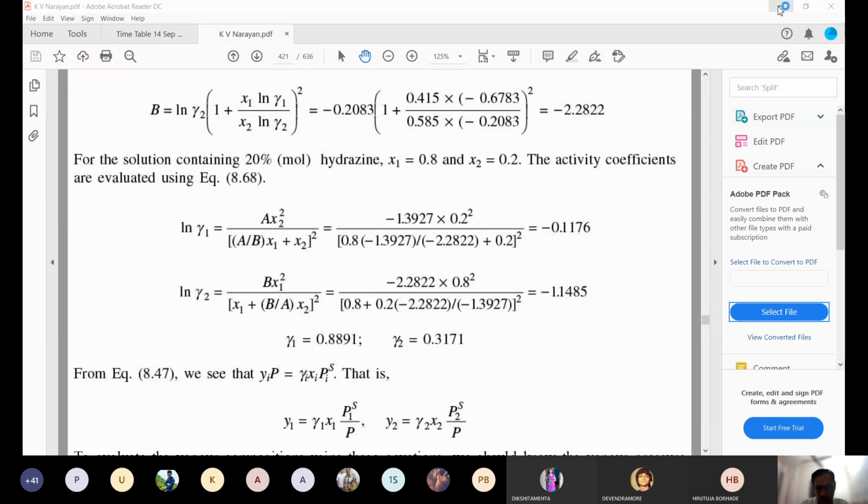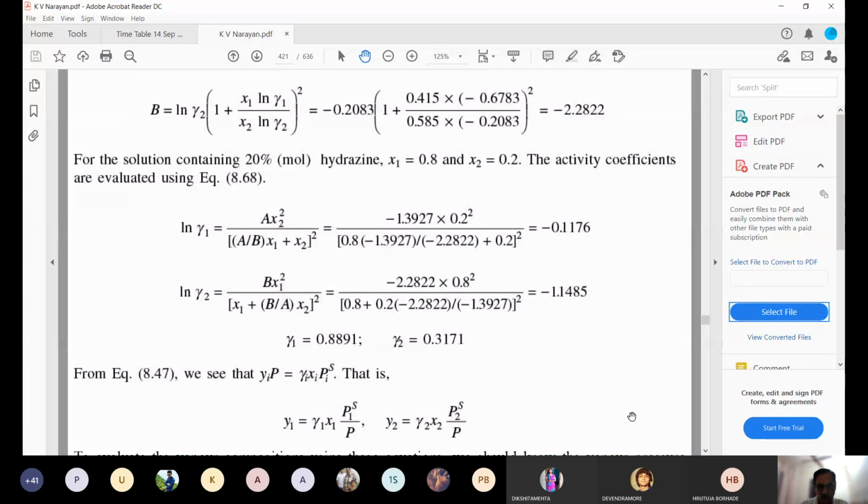That is why we have to use the value of alpha, because alpha is said to be constant in the temperature range involved. So we can assume alpha is constant and use it to calculate y1 instead of using P1s and P2s, because we don't know the new temperature.